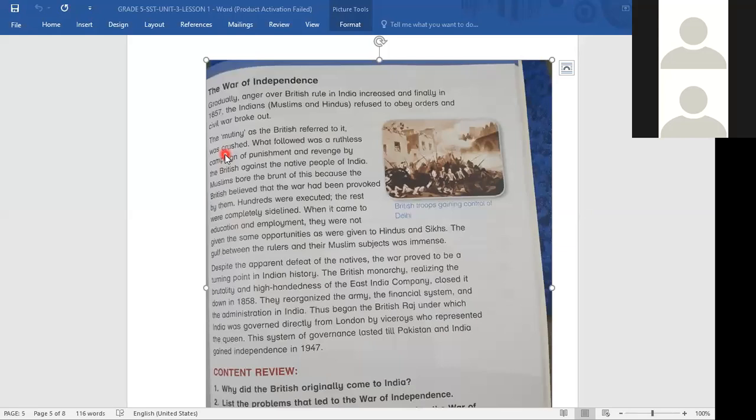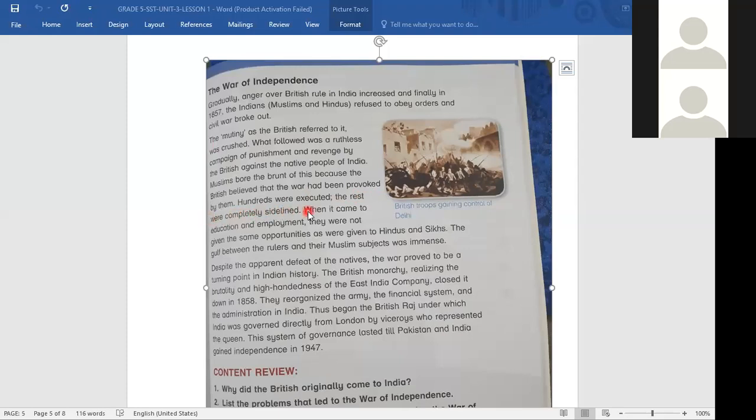Please now, can you start reading, Vania, from here? word to it was first. What followed was a ruthless Campaign. campaign of punishment and revenge by the British against the native people of India. Good. Muslim before the Board. brunt of this because the British believed that the war had been provoked by them.